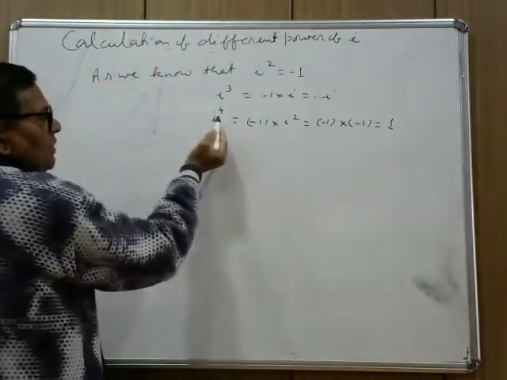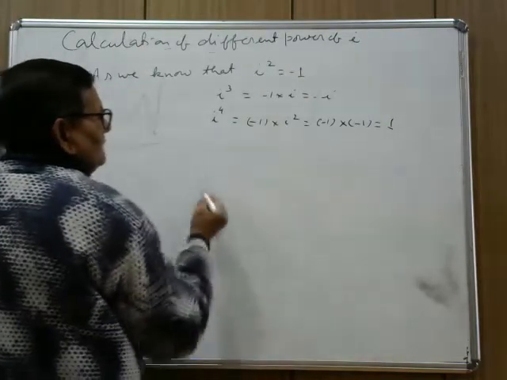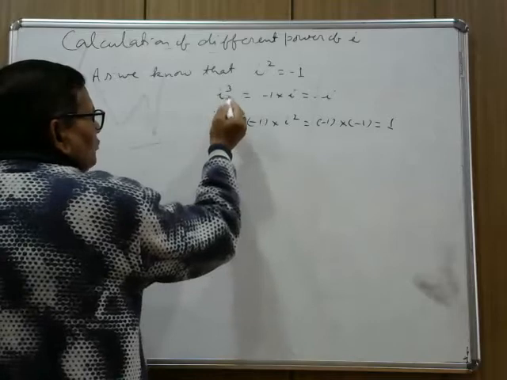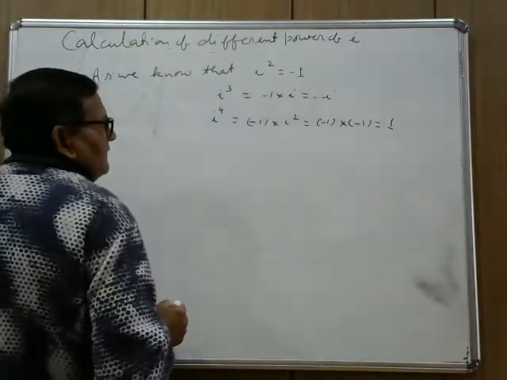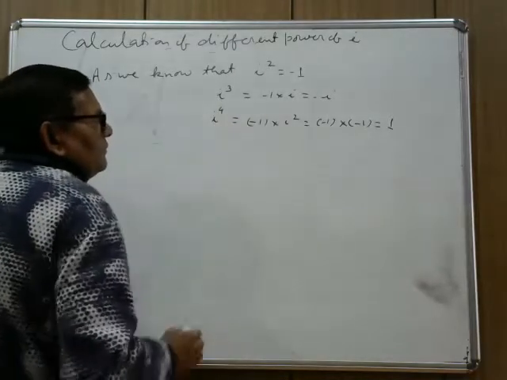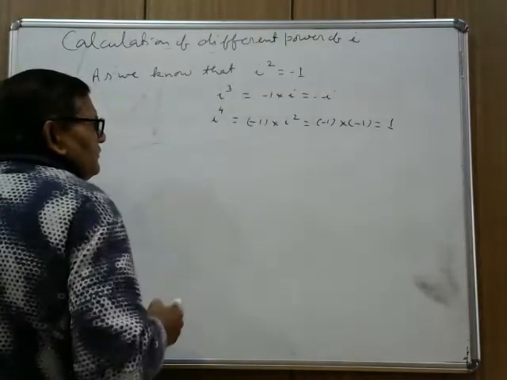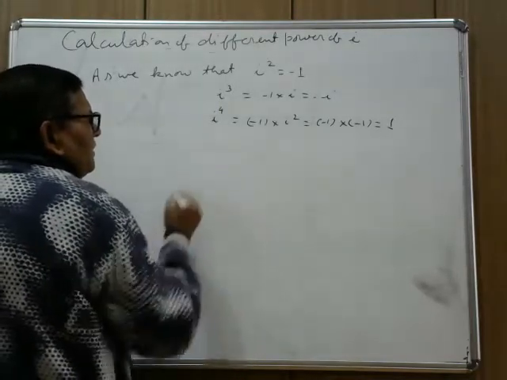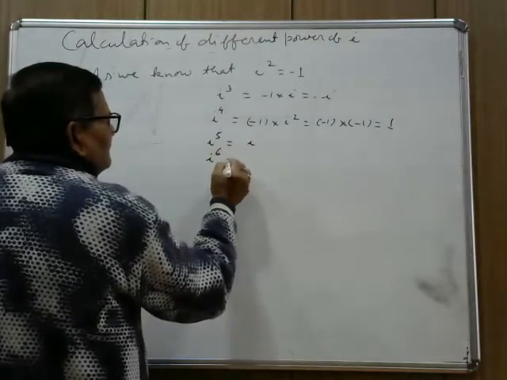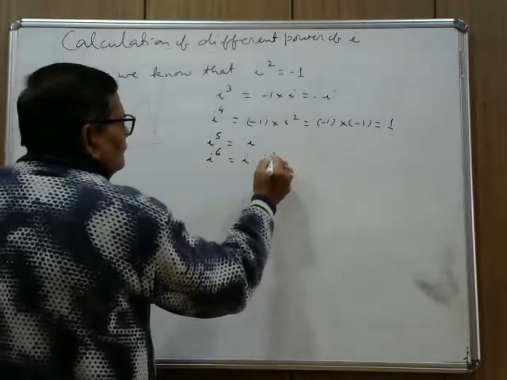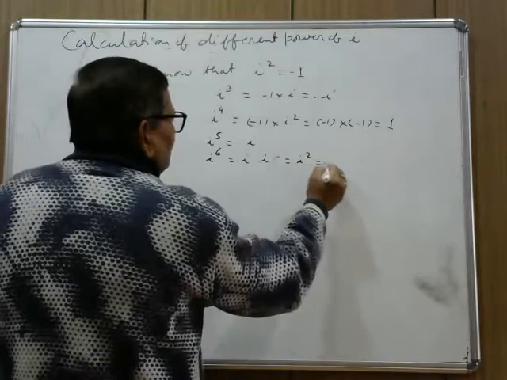When you take the power of i as a multiple of 4, its value is plus 1. When you take an odd power of i, it is in the form of i or minus i, and when you take the power of i as an even multiple of 2, it will be minus 1. So these are the observations you can see here. i to the power 6 is i into i to the power 5, i into i is i square, that is equal to minus 1.